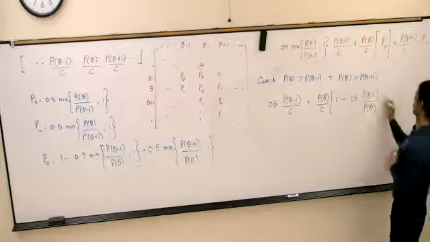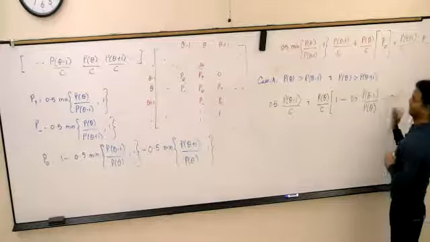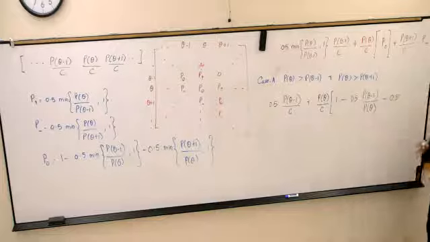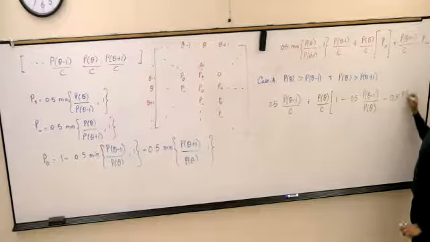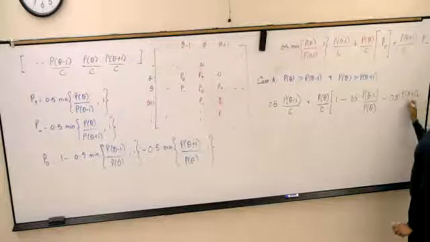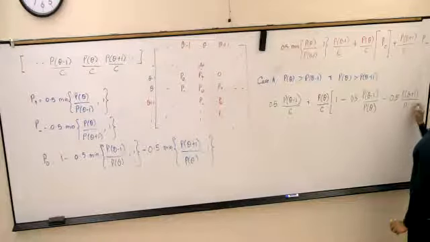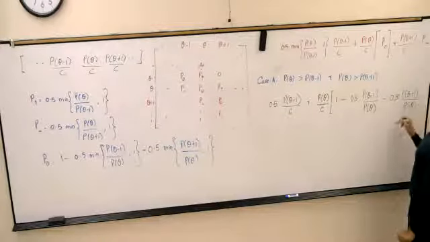The next one, minus 0.5, theta plus 1 is less than P of theta, so that would also turn into P of theta plus 1 over P of theta. Yes.